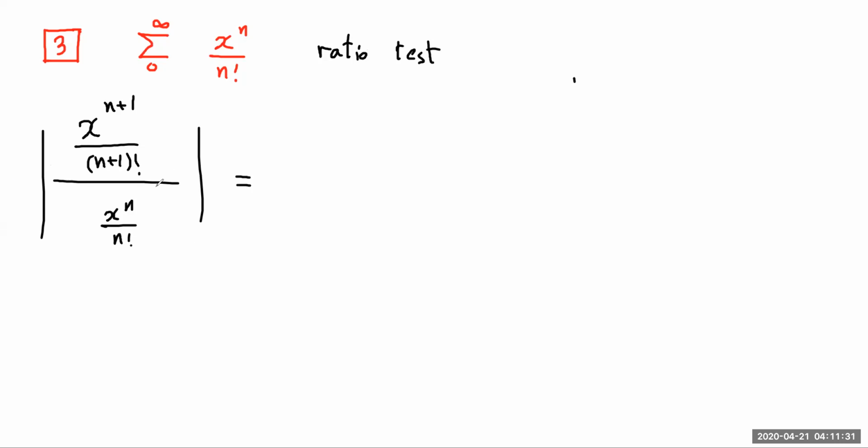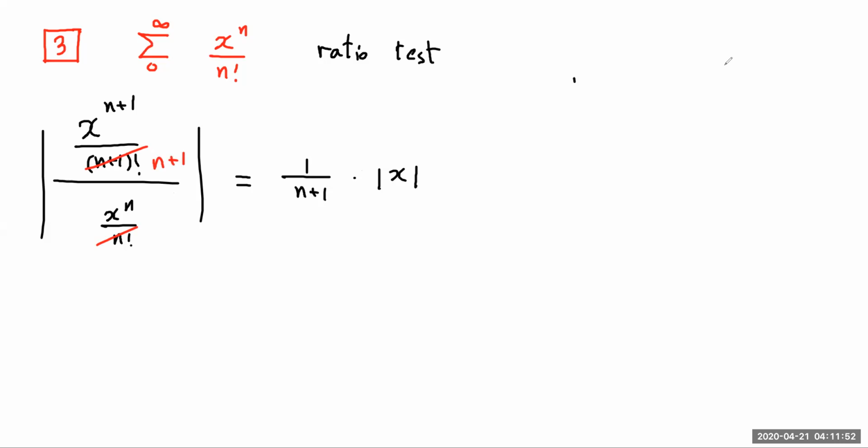So this is after cancellation. Here I will have 1 over n plus 1 times the absolute value of x. Why? Because after deleting this term with this term, I have n plus 1 here.